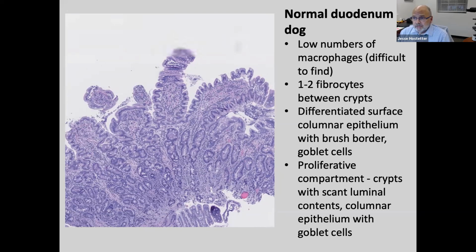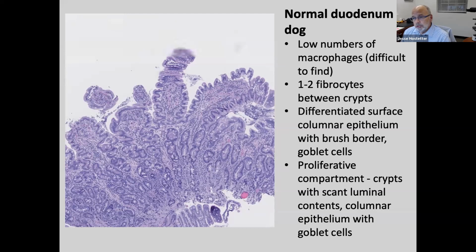There aren't very many macrophages, and to be honest with you, they're very difficult to see with H&E stains. If you are seeing them, then they're probably increased. Now, in contrast, if you came in with an IBA1 or CD68, I think you'd be surprised about how many resident macrophages there actually are in the intestinal tract.